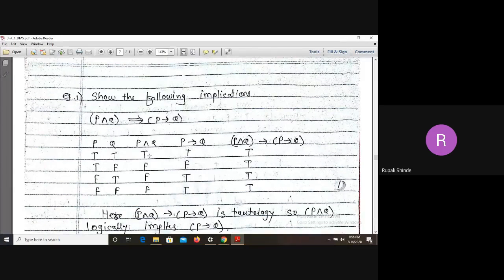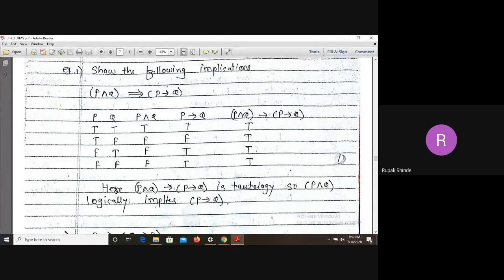The first value is T. Now check whether the second value is F. No, again that is T. So there is no combination that gives us T F. That's why all the values are true. So here we can say that P and Q conditional P conditional Q is a tautology. That's why P and Q logically implies P conditional Q. Okay, so this is for implication.